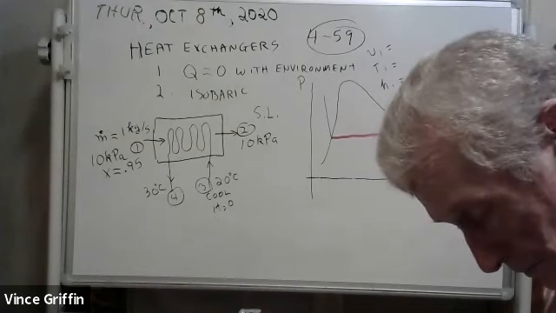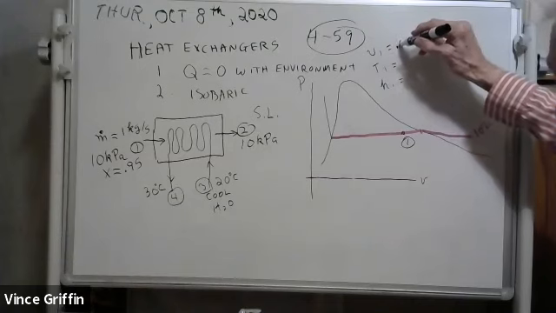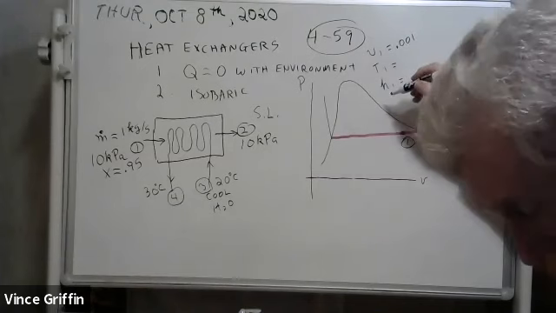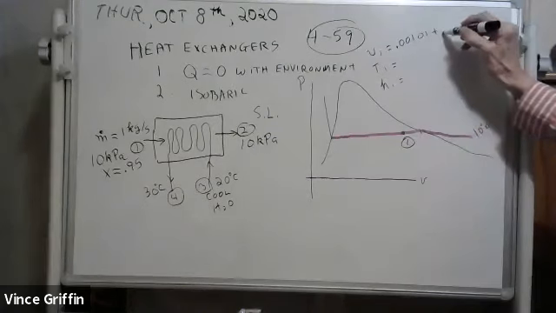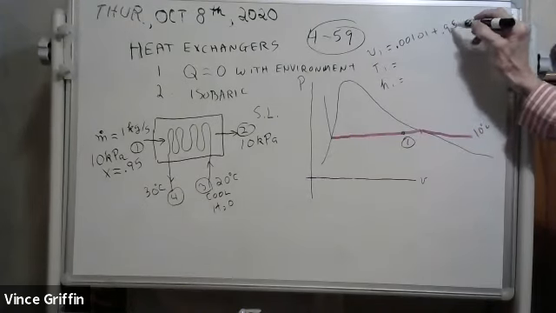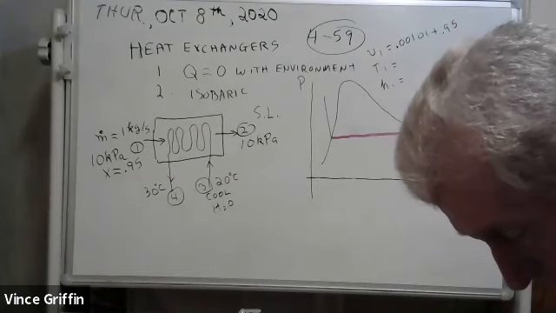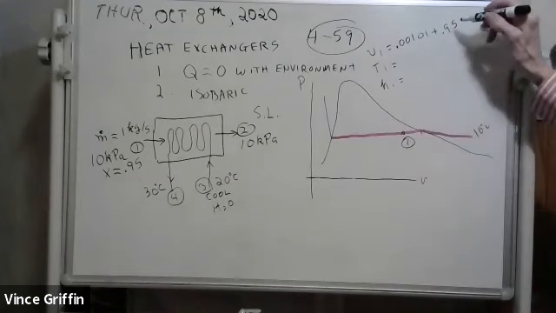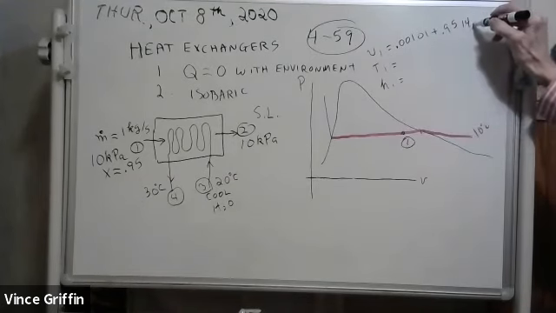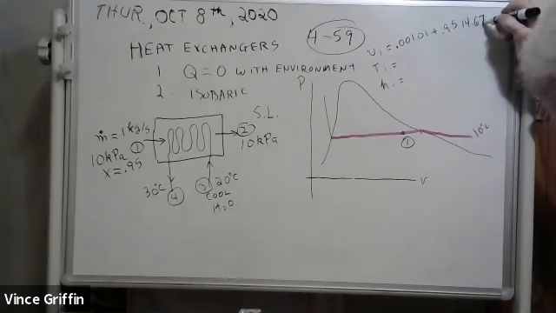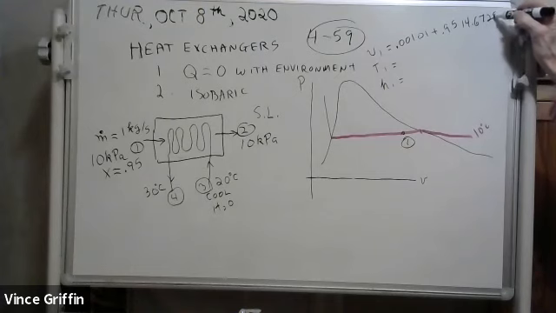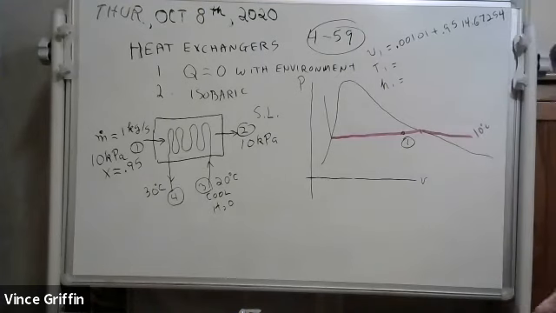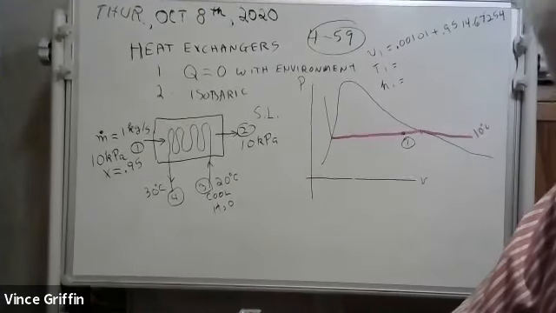To get V1, you got to go like this. 0.00101 plus 0.95 times 14.67254. Does all that show up on your, yeah, pretty much.